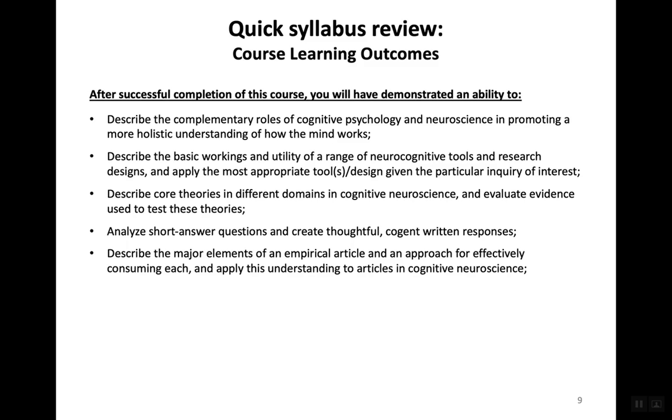So we can take an empirical article and identify its major elements, and try to consume the main parts of that article. Understand where the structure is coming from, what the conclusions are, and what the evidence support is for a given article. In this case, articles in cognitive neuroscience.